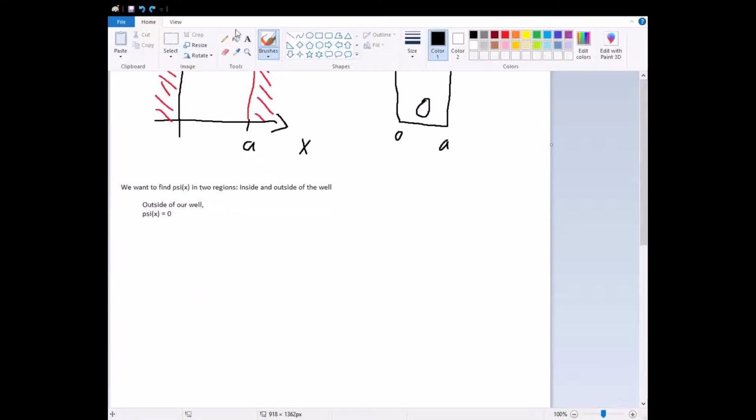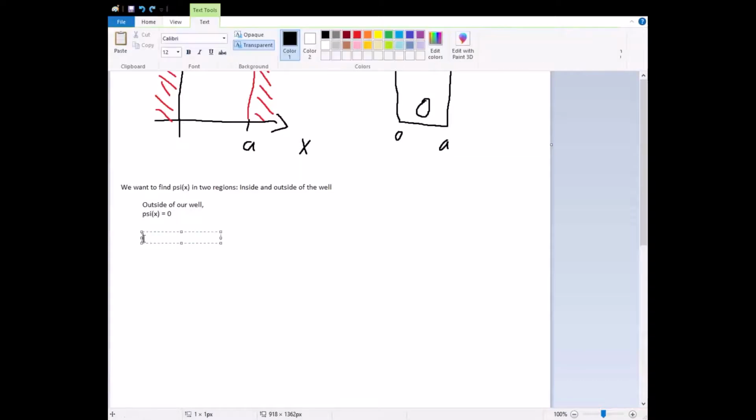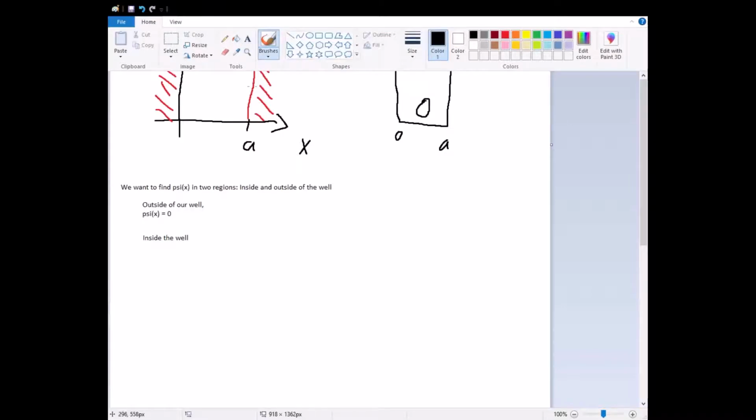So now that we've obtained this trivial result for outside the well, let's look at inside the well. So inside the well, obviously we have to resort back to the Schrodinger equation.